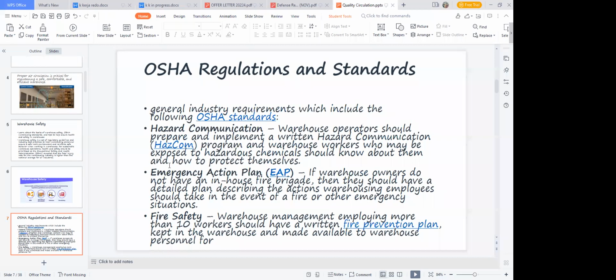For example, if warehouse owners do not have an in-house fire brigade, then they should have a detailed plan if anything happens. Remember, let me share with you the situation in Terengganu.